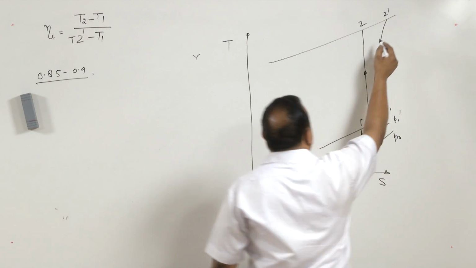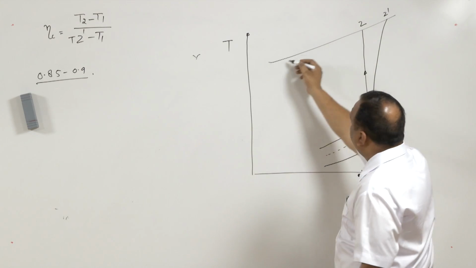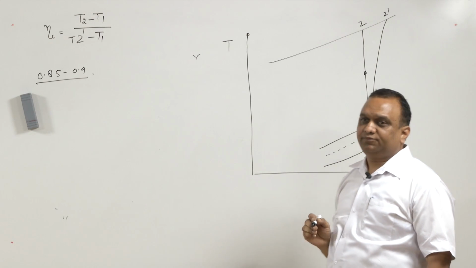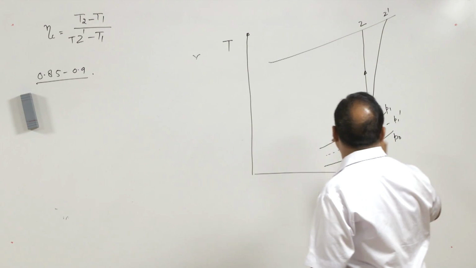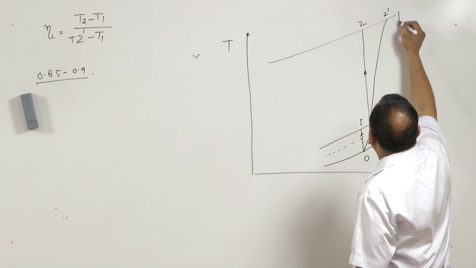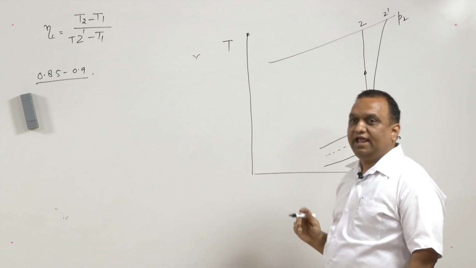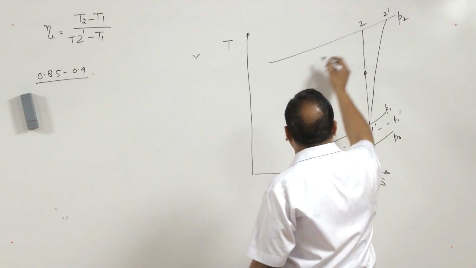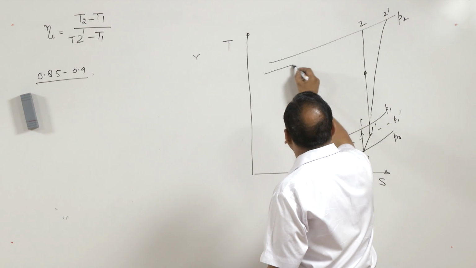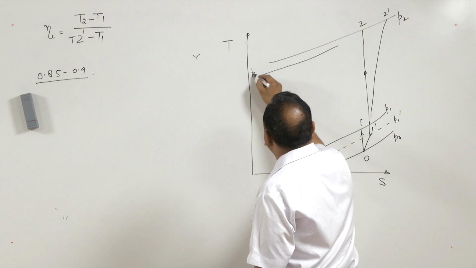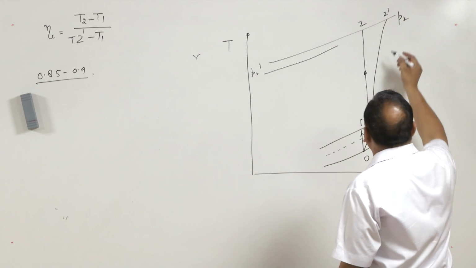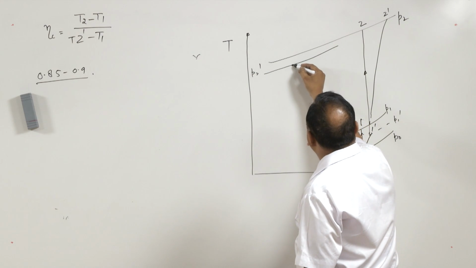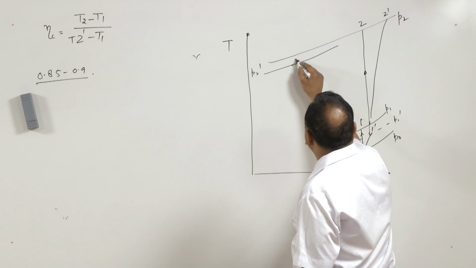After attaining process 2 dash, cooling of air takes place. It is supposed to be at a constant pressure P2, but in actual practice there is always a pressure drop. So, instead of P2 there is a pressure P2 dash, and temperature, let us say temperature 3, is attained. This is state 3.